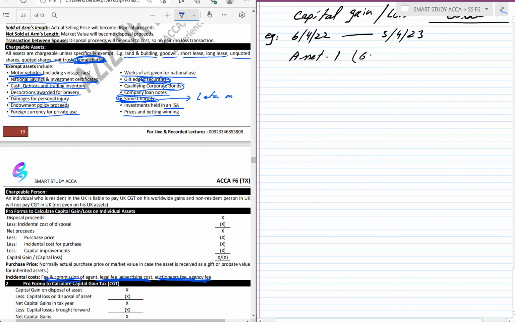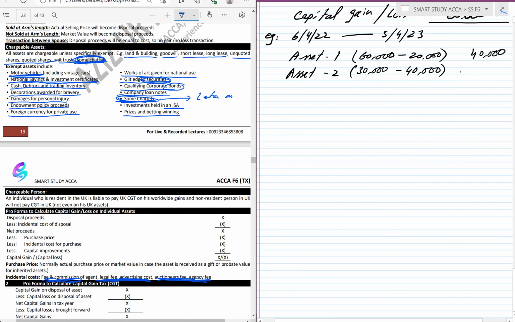Selling price was 60,000, cost was 20,000, and profit is 40,000. We have also sold asset 2. Selling price is 30,000, cost was 40,000.